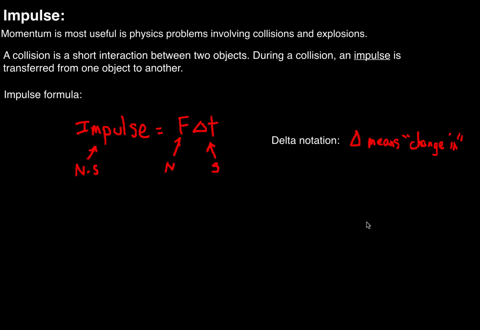Delta, or triangle, is a Greek letter, and it's used to symbolize a quantity that has changed. So the impulse is the force times the change in time, or the time interval that the force took place over.